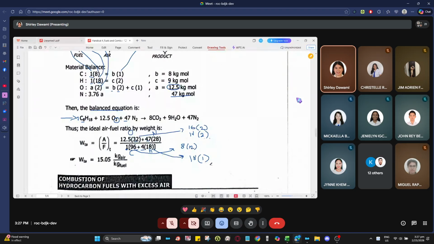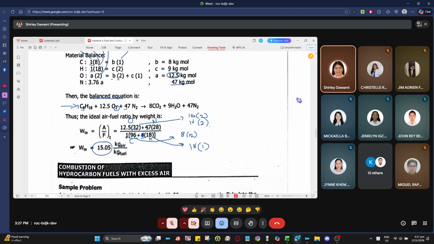So that's 18. So there should be no 4; I think that is a typo error in the answer. So we get 15.05 kilograms of air divided by kilograms of fuel.